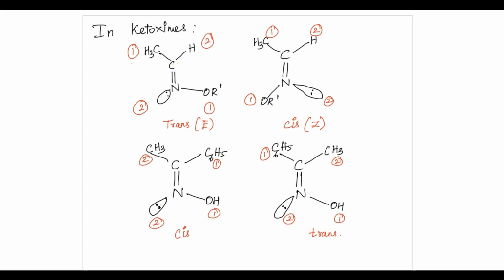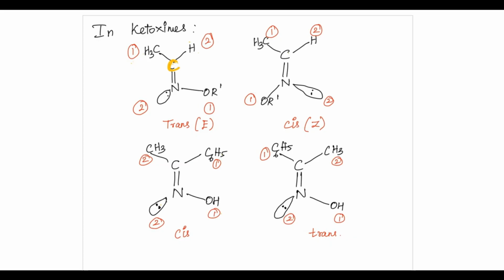In ketoxime also you can see this kind of isomerism, but there we name it as E and Z isomer. Z means the higher priority groups are on the same side. Let's take this carbon, where I have hydrogen and CH3. So CH3, that is having carbon as the first atom, so highest atomic number, then hydrogen.